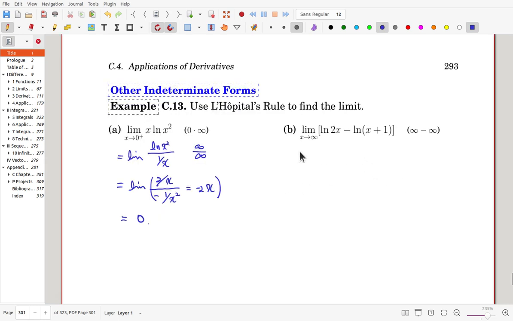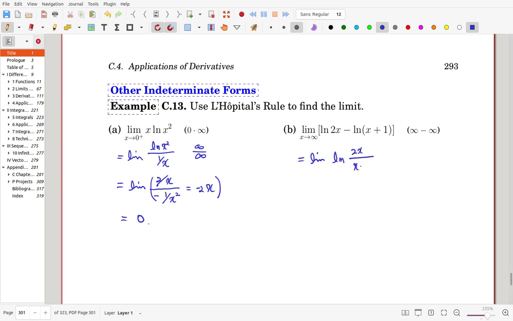This one, once x approaches infinity, this term goes to infinity, and that one also goes to infinity. For this one, you can combine them using the quotient rule, so that is the same as natural logarithm of 2x on the top and x plus 1 on the bottom.